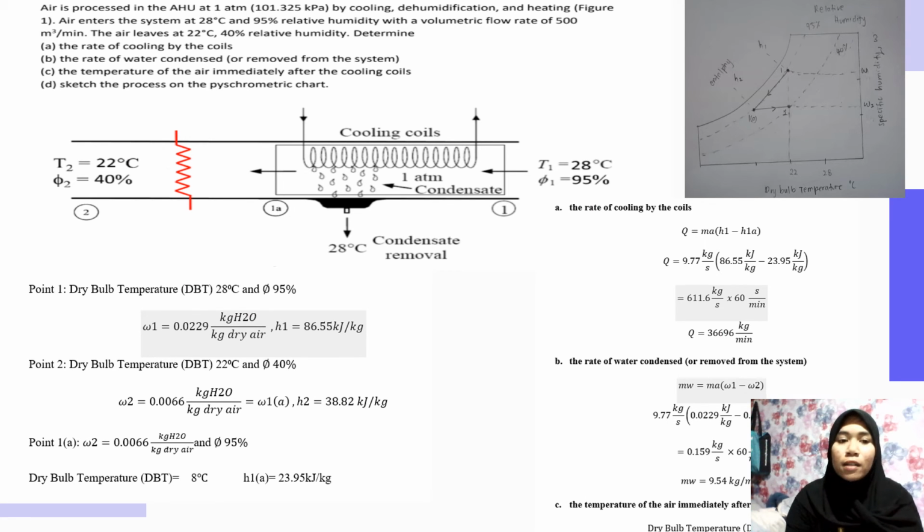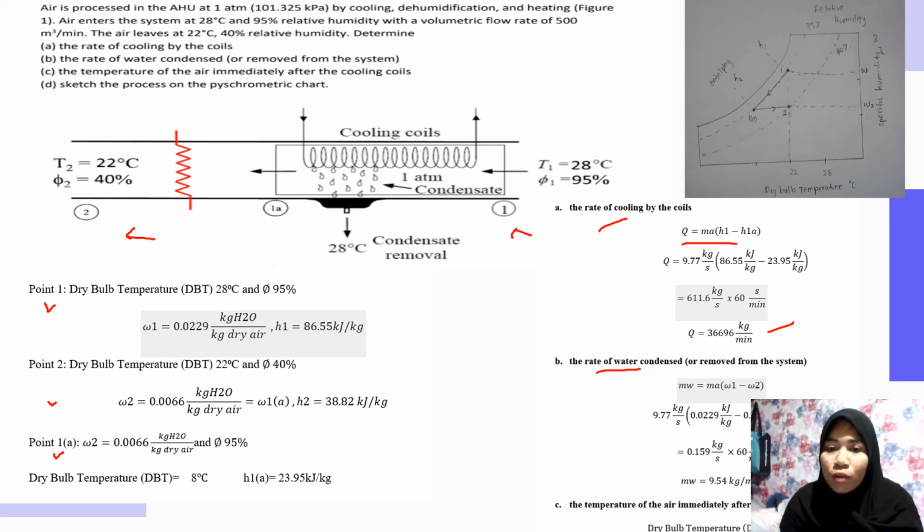Okay, now let's discuss the calculation part. Firstly, we need to find point A, point 2, point A1 from the inlet to the outlet. And then for the rate of the cooling coil, I get Q, which is 396. I used this formula: Q equals MA times (H1 minus H1A).